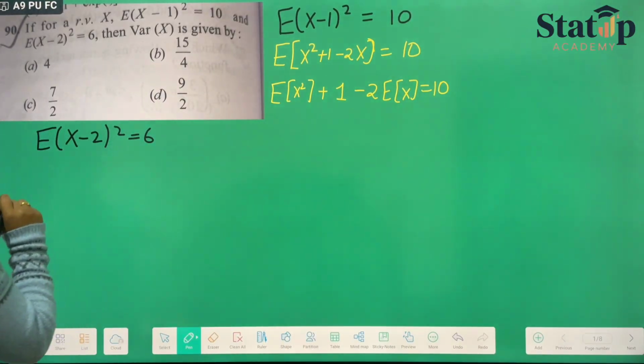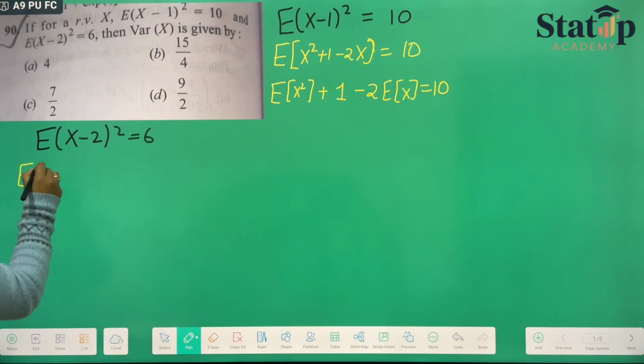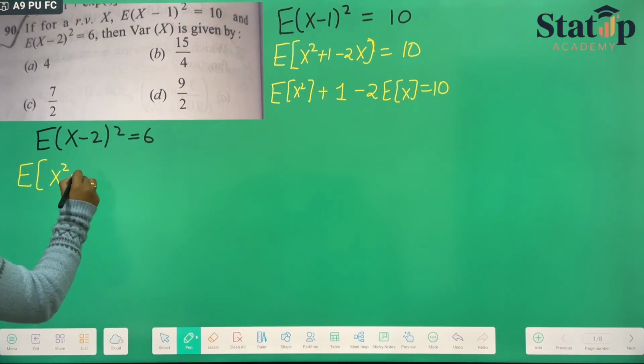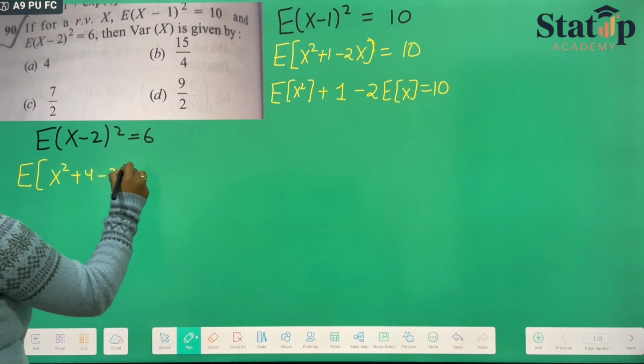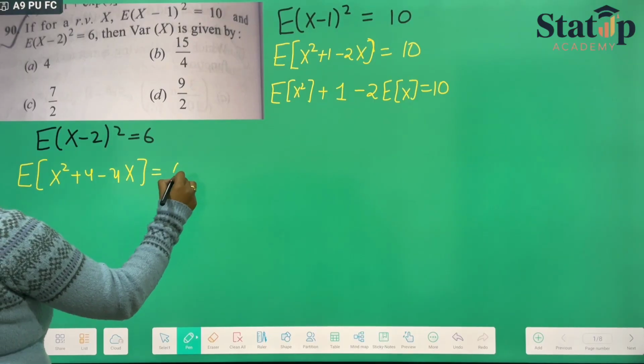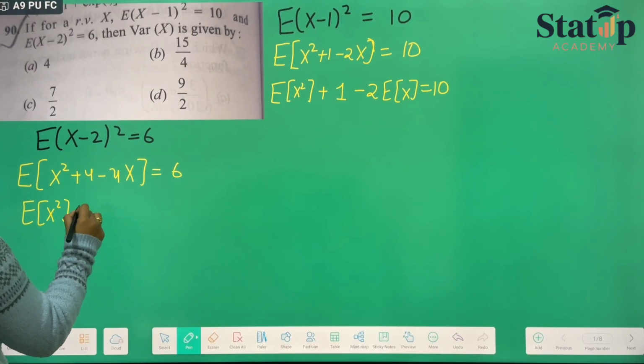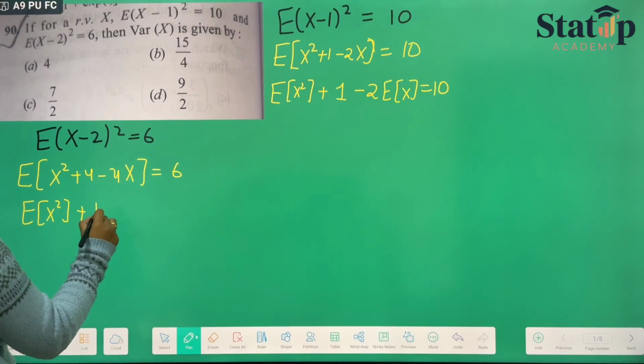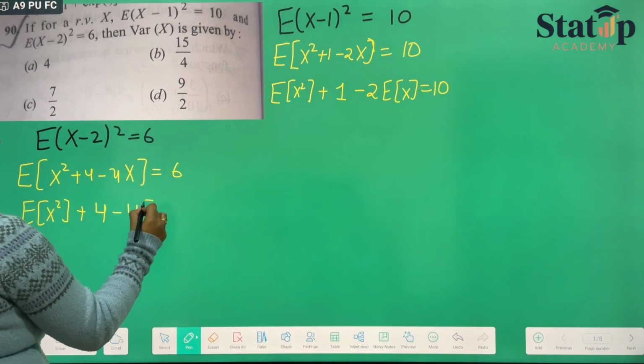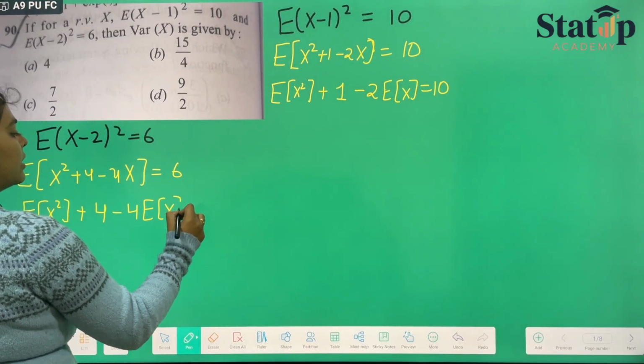Now let us do the same for this one. It will be expectation of x square plus 4 minus 4x is equal to 6. Expectation of x square plus expectation of a constant is the constant, minus 4 into expectation of x is equal to 6.